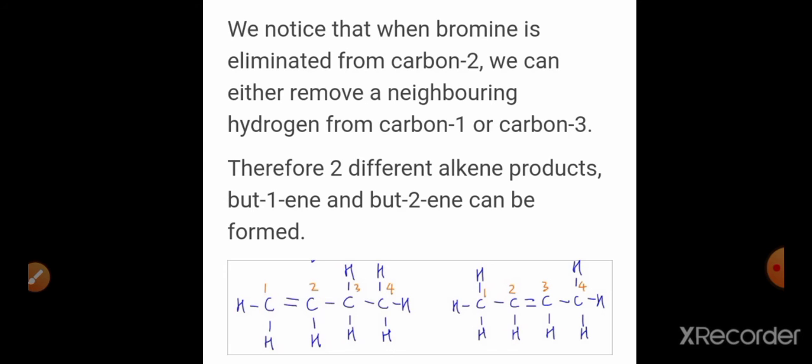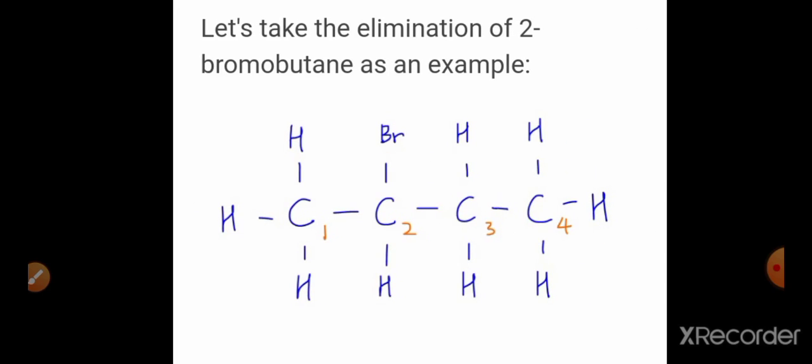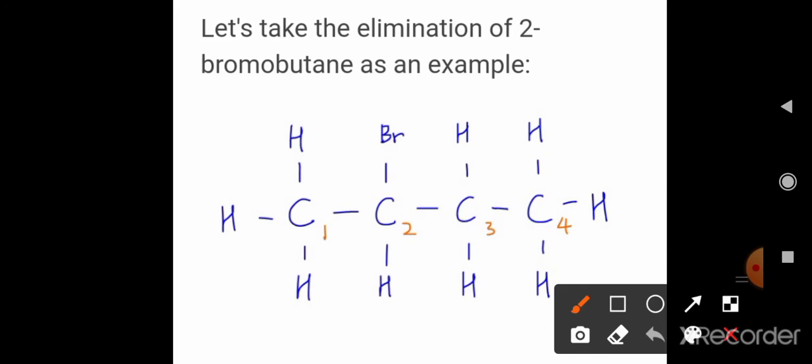So here there are two possibilities. I already told you, we can remove hydrogen either from the first carbon atom or from the third carbon atom. You can see in the structures, we can remove hydrogen from this carbon atom or this carbon atom. Both are beta carbon atoms and this is the alpha carbon to which bromine is attached.